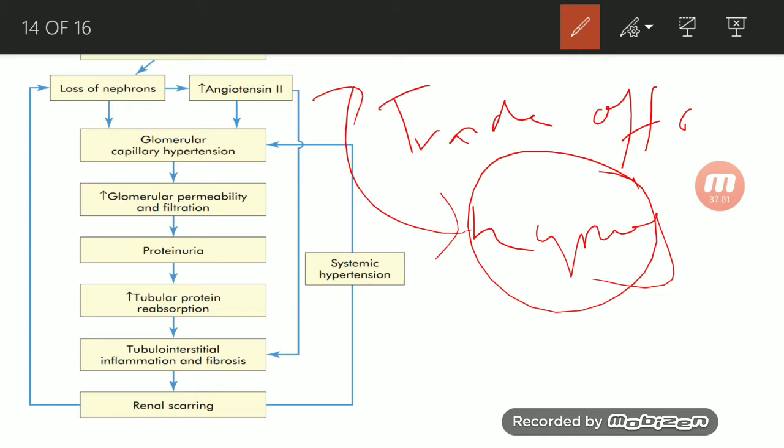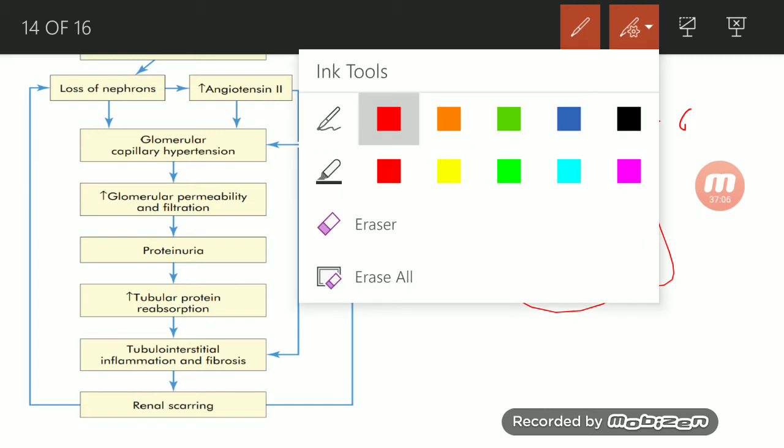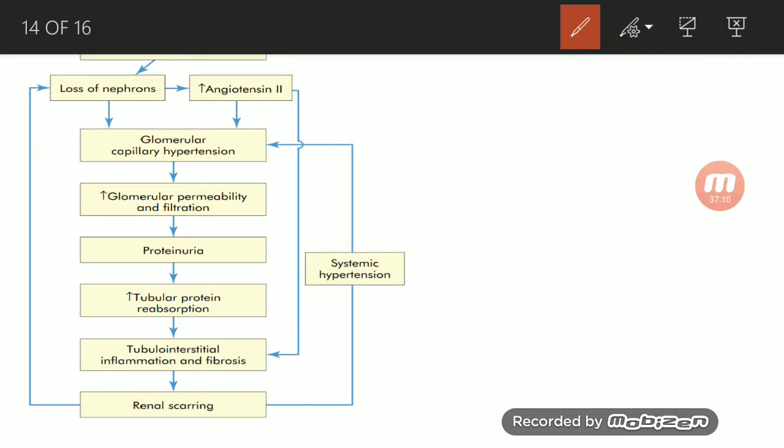So let us look at your diagram. No matter what disease is causing your renal failure, there is always an association of angiotensin 2.